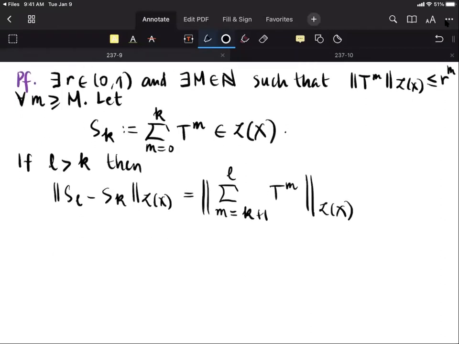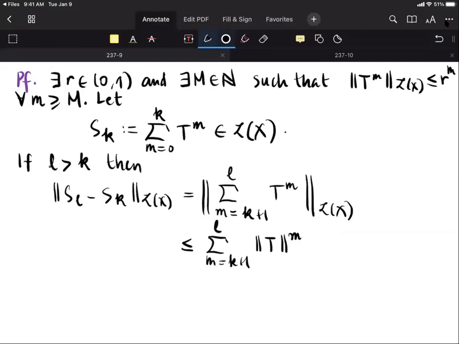Applying the triangle inequality and the fact that the operator norm is sub-multiplicative, this is less than or equal to the following sum. We can put the norm inside according to the triangle inequality, and then take the norm of each T^m.